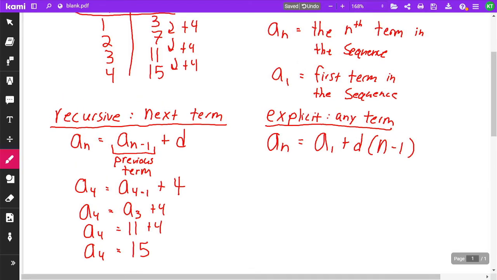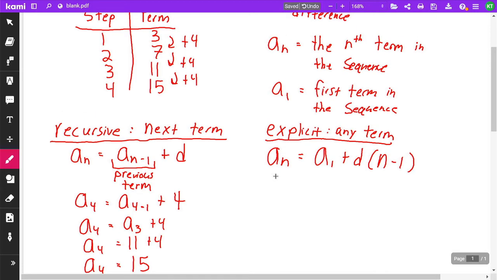Now let's use this again, using our information that we know. Let's just plug in our information. So we'll have a sub n, we don't know what that is yet, is equal to our first term. We do know what our first term is. In this case, it's going to be 3 plus our common difference, which is 4, times n minus 1. We don't know what n is, so n minus 1. And now after that, what we can do is we can distribute and then combine like terms.